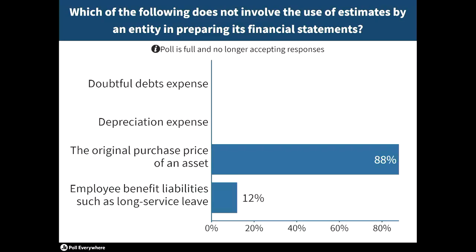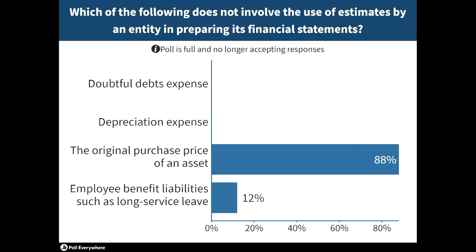That's just a matter of fact. You can't do any estimation for the original purchase price. You can't change a historical cost, right? When the company purchased an asset, that purchase price, you can't change.